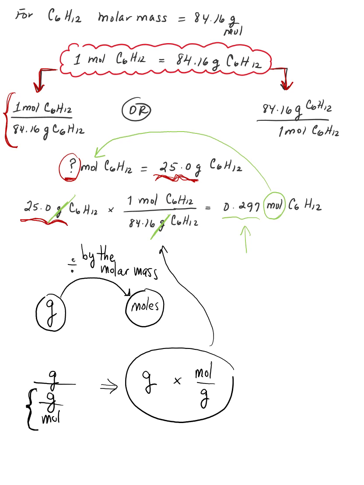As long as you know the molar mass of the compound and you're given an amount in grams, you can convert your grams to moles, dividing your grams by the molar mass. The opposite is also true. If you're given an amount in moles, and I'm starting here in moles, and you need to find out grams, going in that direction, you have to multiply your number of moles times the molar mass.